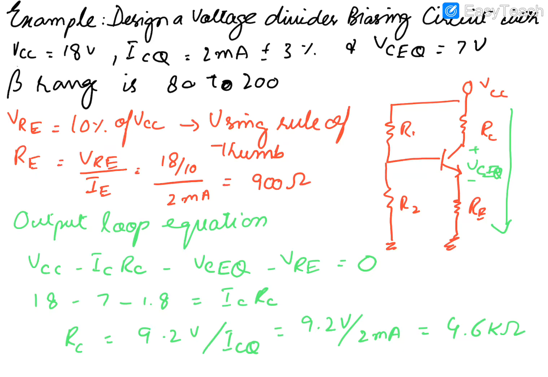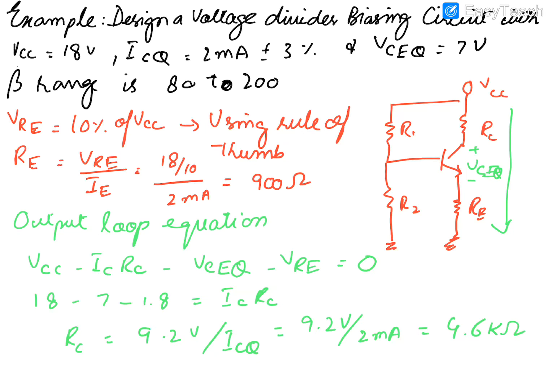So RE will be equal to VRE divided by IE. VRE, 10% of VCC, is 1.8 volts. 1.8 divided by 2 mA is 900, and the nearby standard value is 910 ohms.